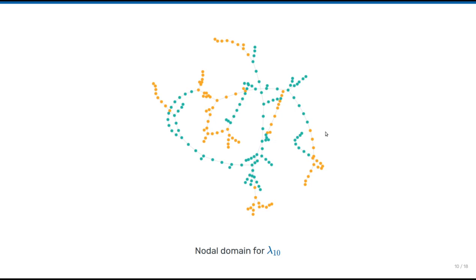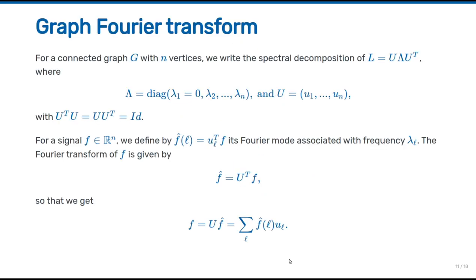So this also justifies the fact that the lambdas, which are the eigenvalues of the Laplacian, have a meaning in terms of frequency for your graph. The lower this lambda is, the less varying the eigenfunction is. So lowest eigenvalues correspond to low frequencies.